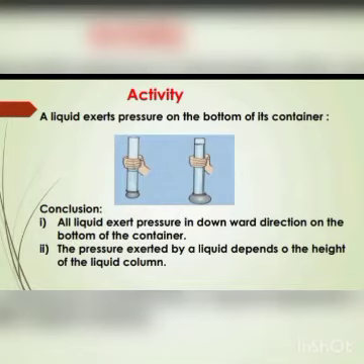Now let us discuss one activity to demonstrate that a liquid exerts pressure on the bottom of its container. For that, take a transparent plastic pipe about 15 cm long, having a diameter of about 3 cm, and also take a thin sheet of rubber like a balloon, stretch it and tie it tightly over one end of the plastic pipe.